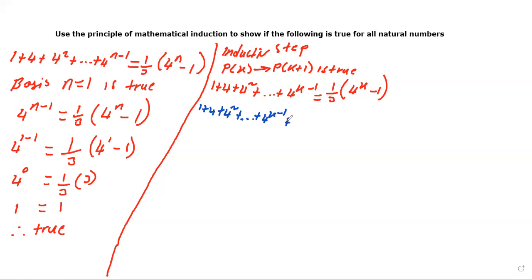So we have plus 4 to the k plus 1, so adding 1 to the k. We will put back the minus 1 that was there before. Minus 1. And that will be equal to 1 over 3 into 4 to the k plus 1 minus 1 here.